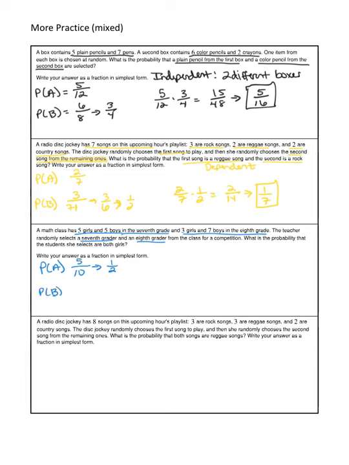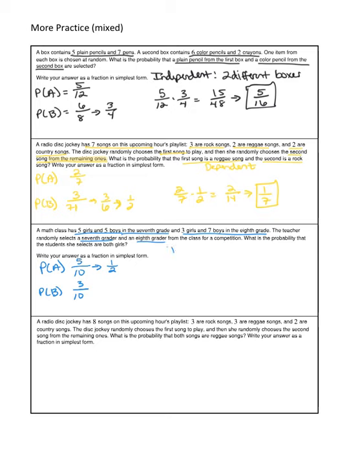Probability B: how many 8th graders are there? There are 10. How many girls? 3. Oh, I forgot to ask, is this independent or dependent? It's a little tricky. She's choosing a 7th grader and she's choosing an 8th grader. So choosing a 7th grader has no impact on the number of 8th graders that are left.